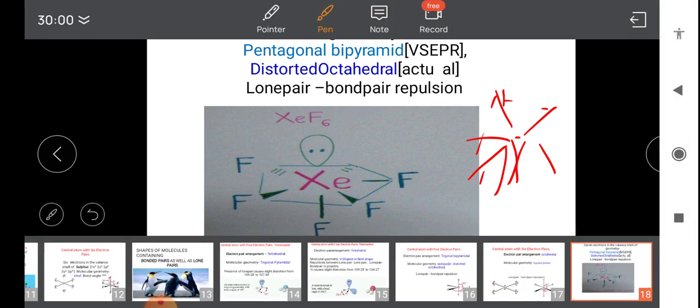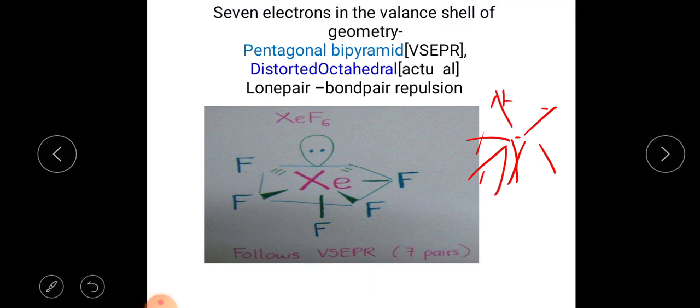That's why it is called a pentagonal bipyramid.